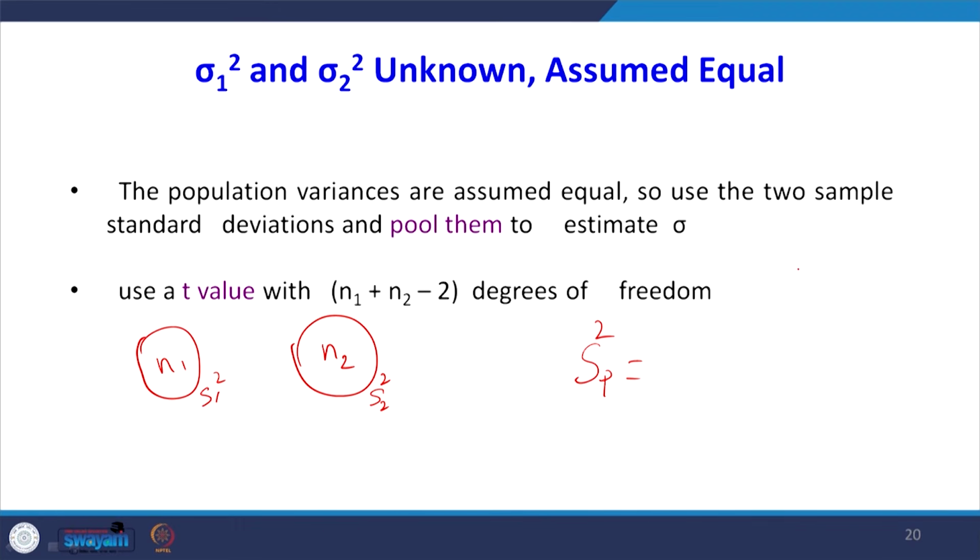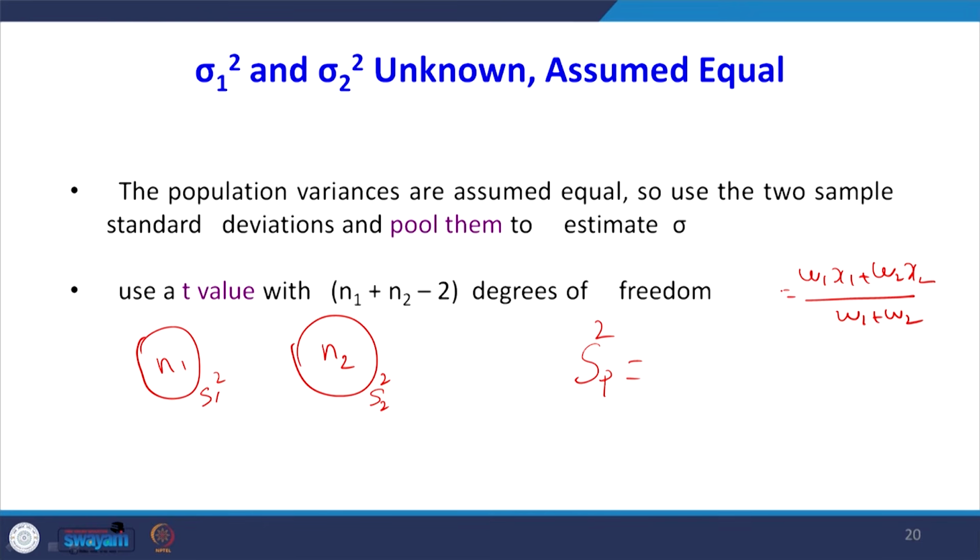The weighted variance is like the weighted mean. What is the formula for the weighted mean? W1 x1 plus W2 x2 divided by the sum of weights W1 plus W2. This is your weighted mean. Here the weight is nothing but your degrees of freedom.